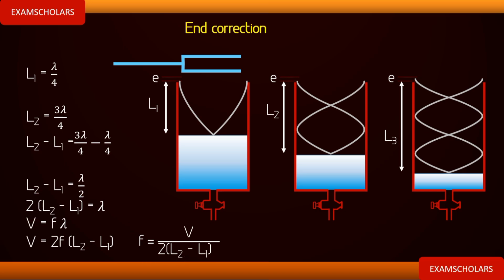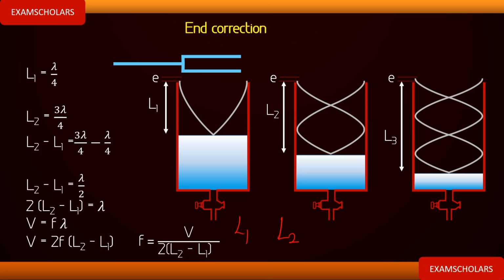It's very simple. They can give you a question and tell you that in a tuning fork experiment with a closed pipe, the first resonance occurs at a particular length. That means they are talking about L1. They will tell you that the second resonance occurs at another length. That is L2.